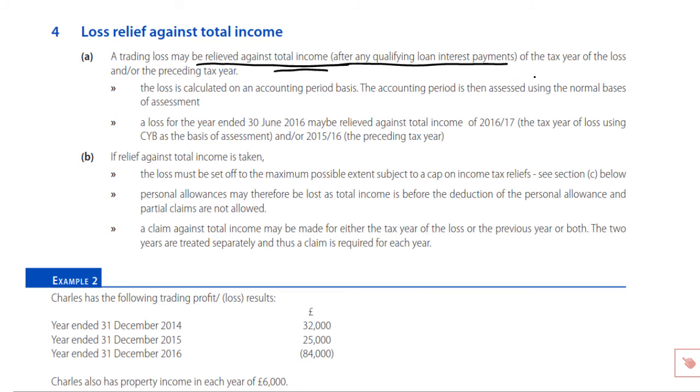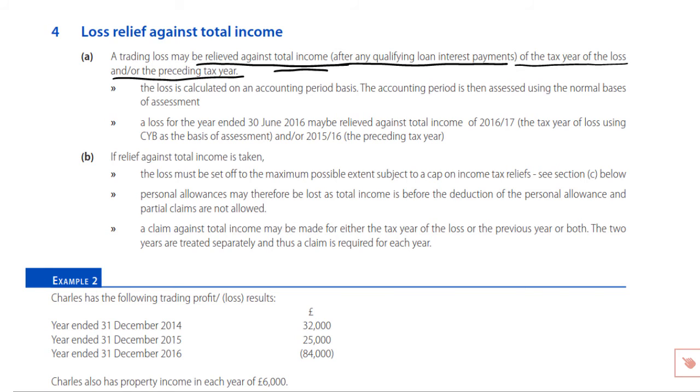So, set off against total income of the tax year of the loss and or the preceding tax year. So how do we know, therefore, what is the tax year of loss? Simple. By using what we saw in Chapter 6, your bases of assessment.